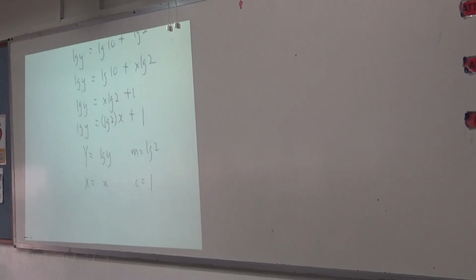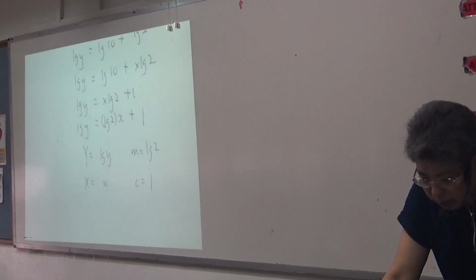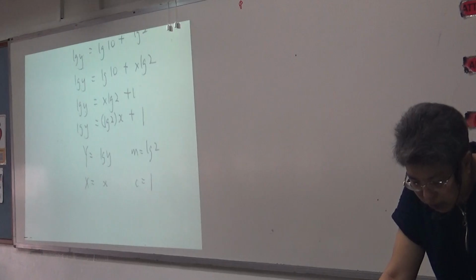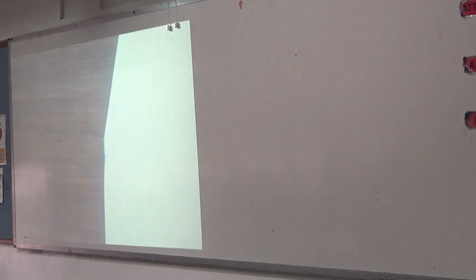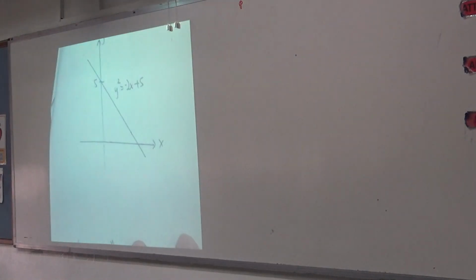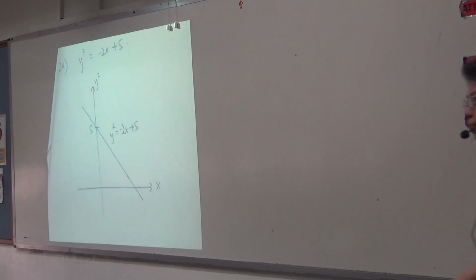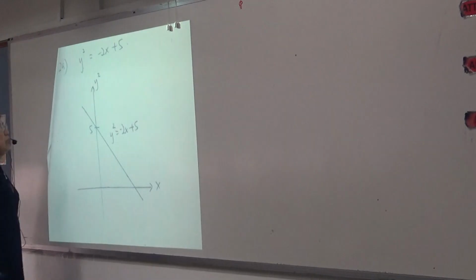Question number 2 says, the variables x and y are related by the graph of y squared against x. Okay, 2a. Now, can you see this will be the graph? y squared equals negative 2x plus 5.